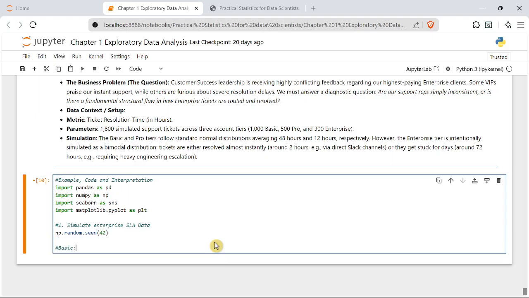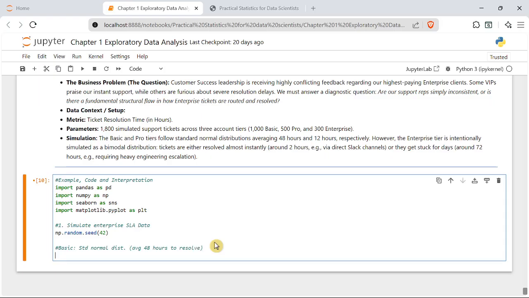Basic: standard normal distribution, average 48 hours to resolve. basic_res equals np.random.normal(loc=48, scale=12, size=1000).